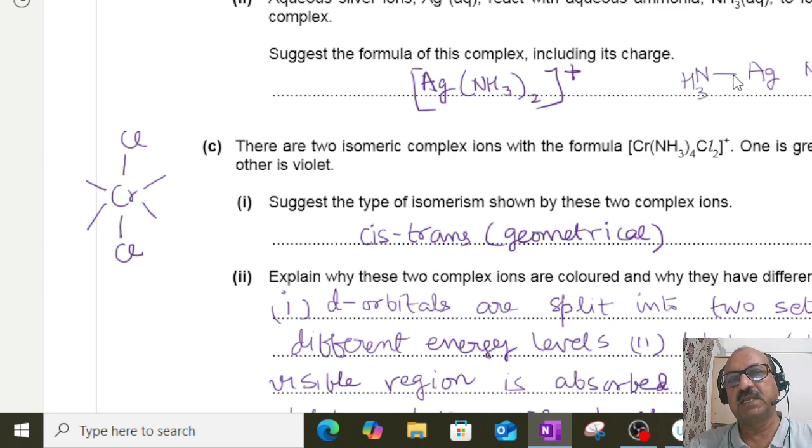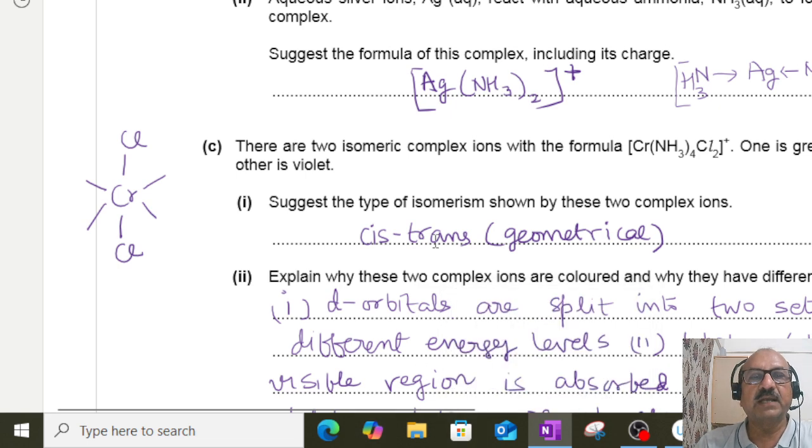So it will form the dative bonds like this, and it would be linear. Then this is the complex ion, and because silver has a +1 charge, we'll have a +1 charge here. Ammonia molecules don't have any charge, so this will be +1. So I think this is the formula of the complex.